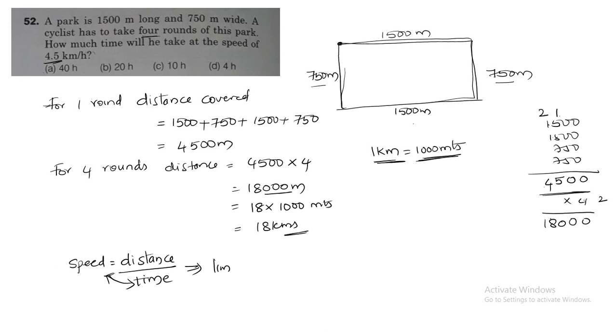From this, what am I going to get? Time is equal to distance by speed. So substituting the values, distance is 18 kilometers by speed. What is the speed given? It is given as 4.5.